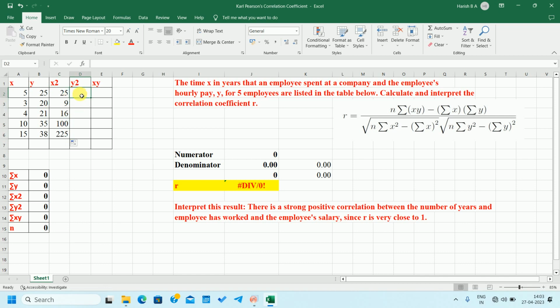Next, similarly Y square. So similarly XY. So this is your X value 5 multiplied by Y 25.